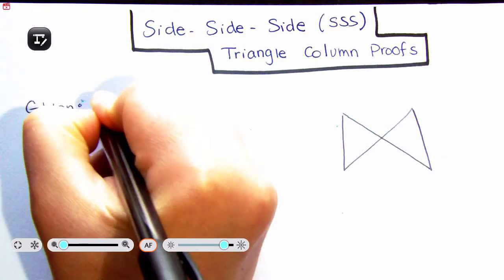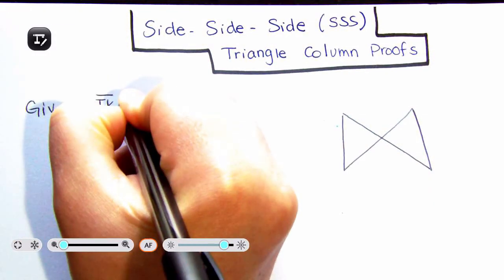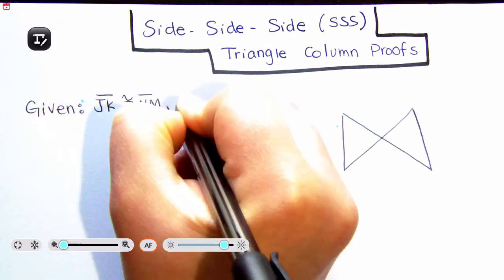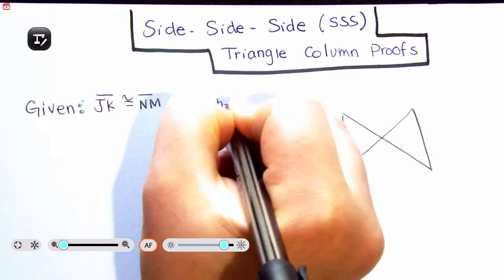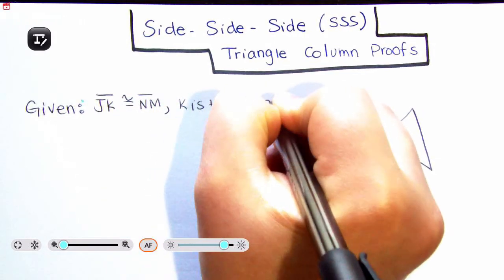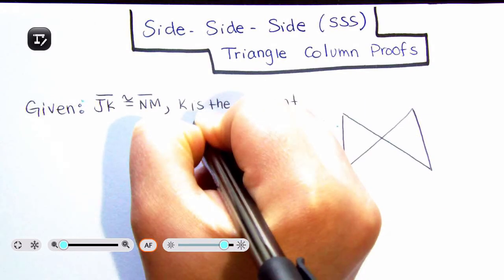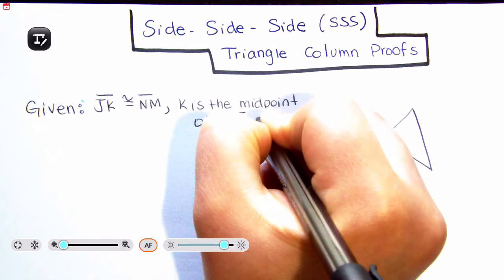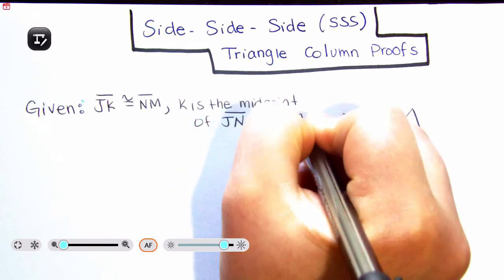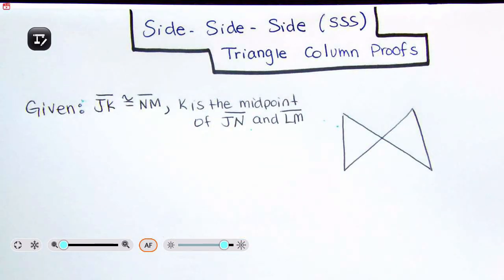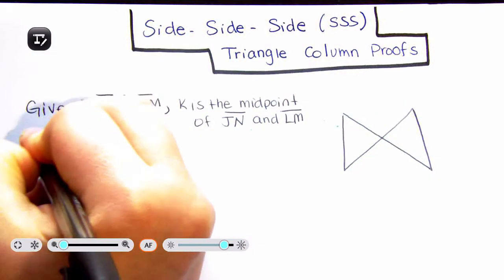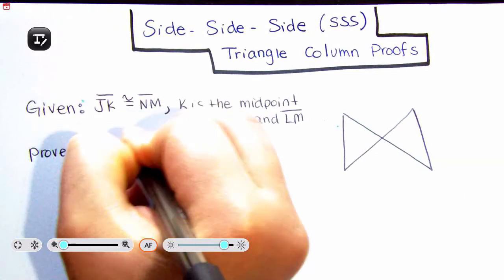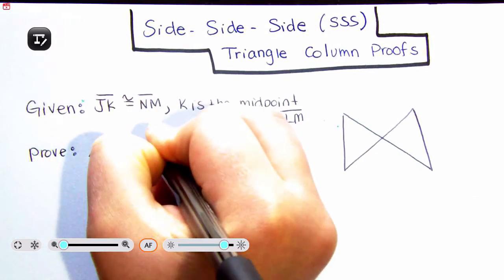The given information is segment JK is congruent to segment NM, and K is the midpoint of JN and LM. That is your given information. Then they are asking you to prove that triangle JKL is congruent to triangle NKM.